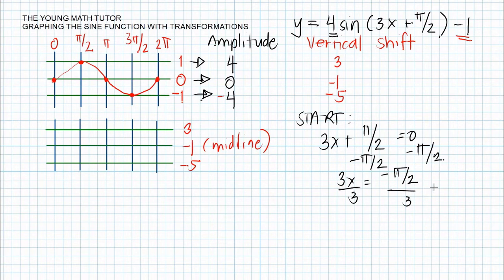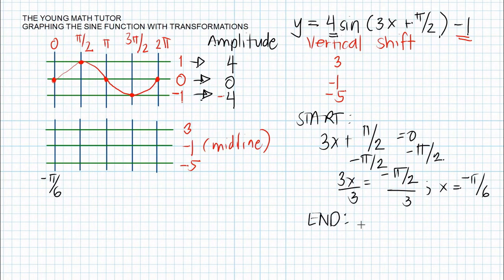Here we can subtract pi over 2 on both sides of the equation, and then we will get 3x equal to negative pi over 2. By dividing both sides of the equation by 3, we will get a value for x, which is negative pi over 6. That means that our graph will start at negative pi over 6.